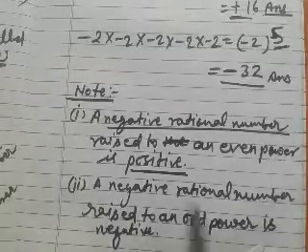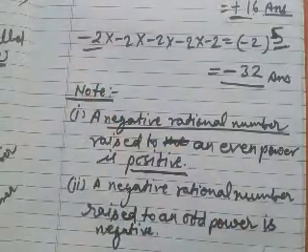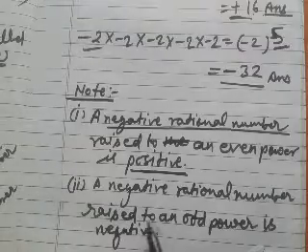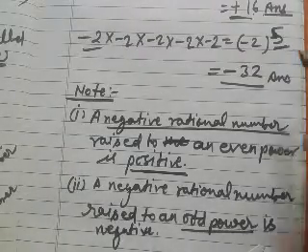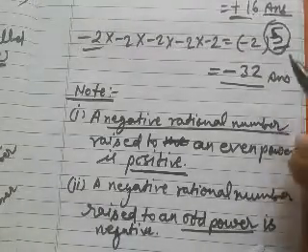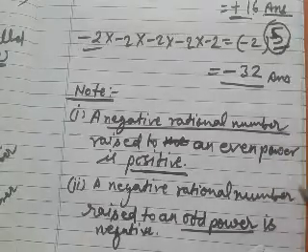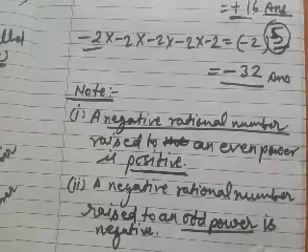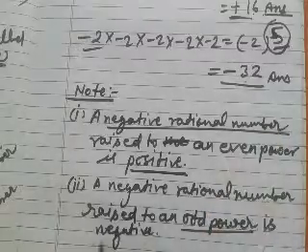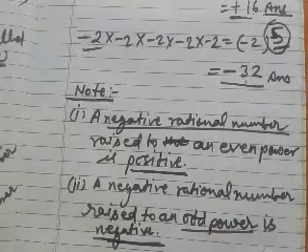It means if a negative rational number is raised to an odd power, as you have seen in this example, we get a negative number.